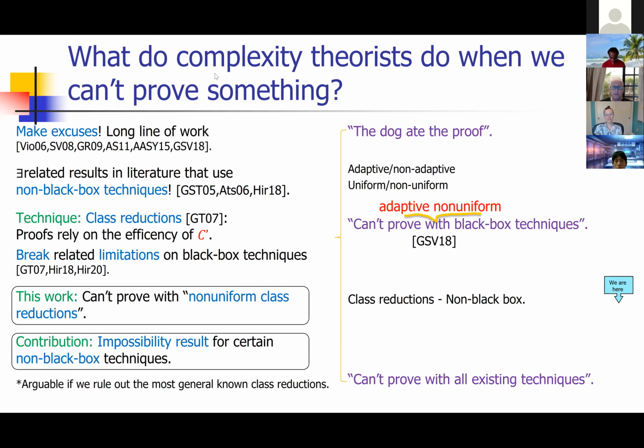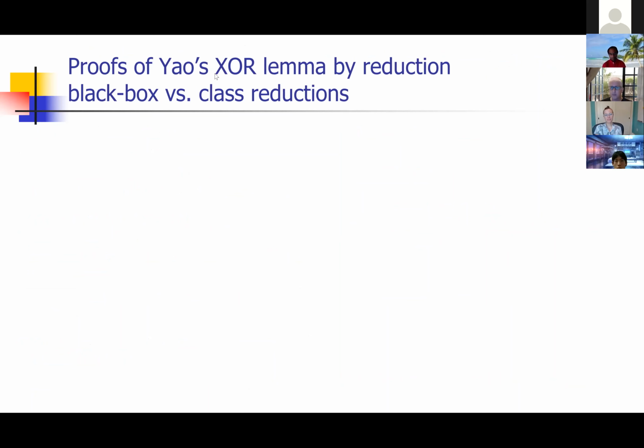What I do want to talk about is what the definition of this class reduction is. So let's start with what is a black box reduction. We need to show that if F is 1 minus 1/3 hard, then F XOR T is half plus epsilon hard. And we're interested in proof by black box reduction. So what is a proof by black box reduction?